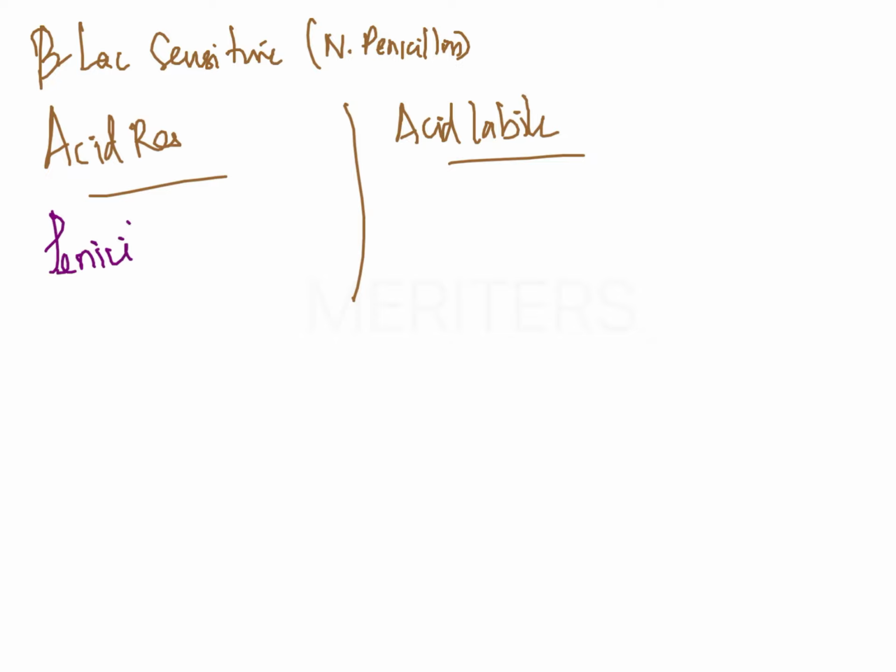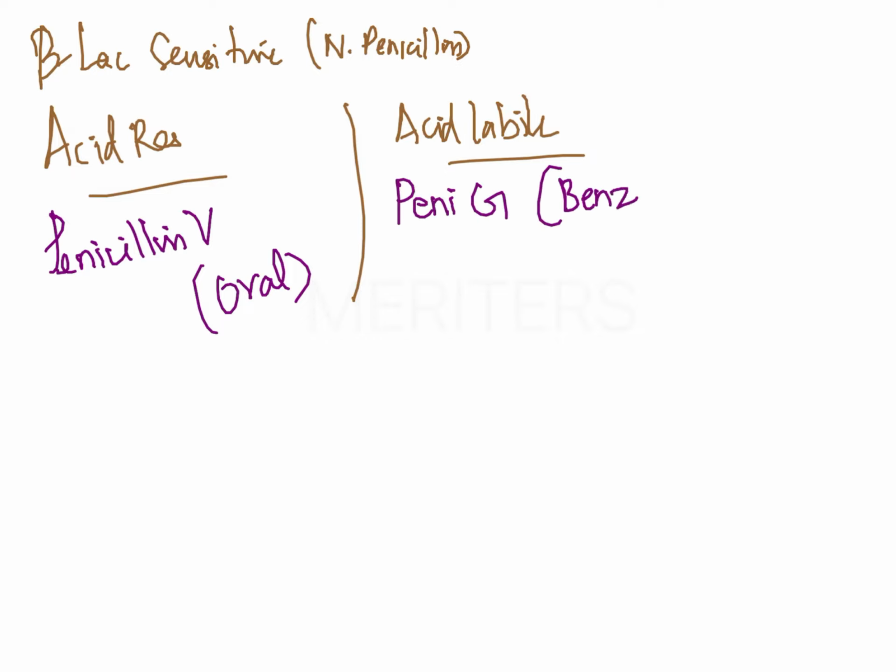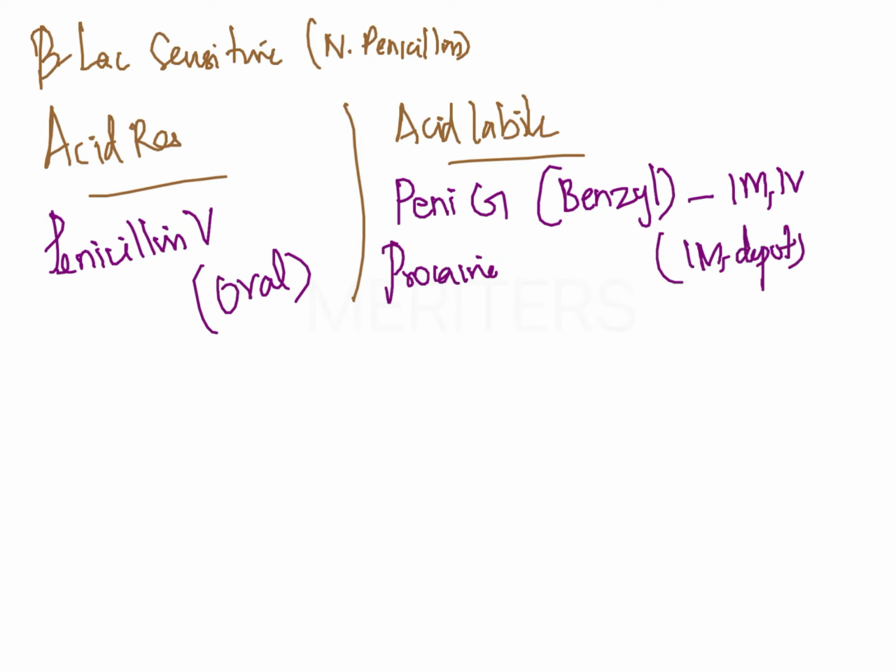So, acid resistant penicillin is penicillin V, the oral route of penicillin. In acid labile penicillin, you have three different penicillins. One is penicillin G, which is known as benzyl penicillin. Benzyl penicillin is IM and IV. Then you have procaine penicillin, which is IM, and you can have depot injections.